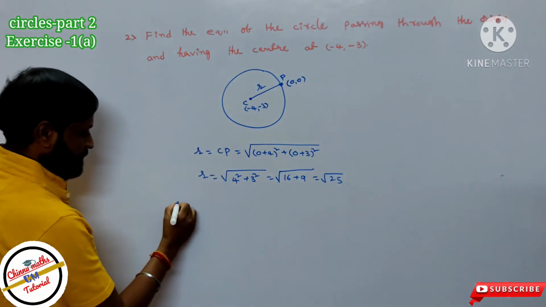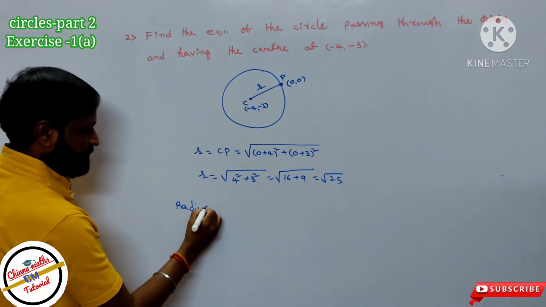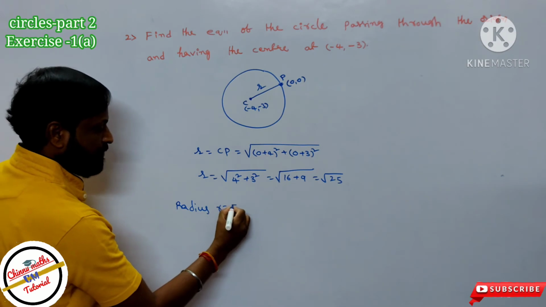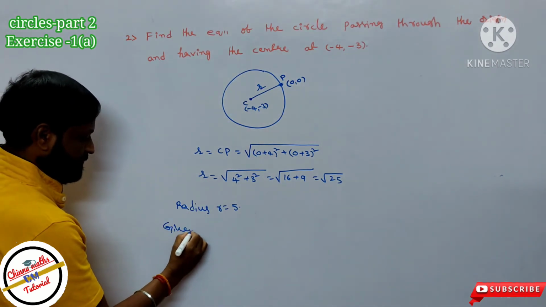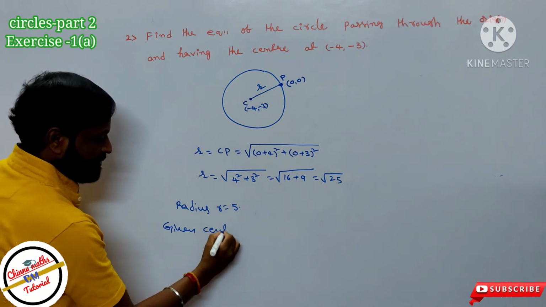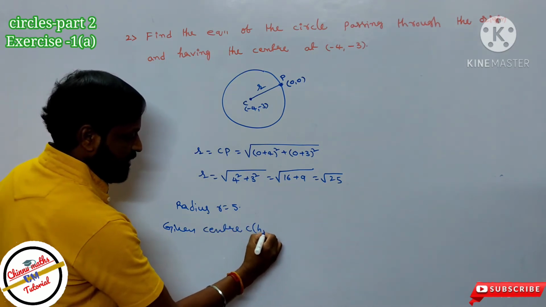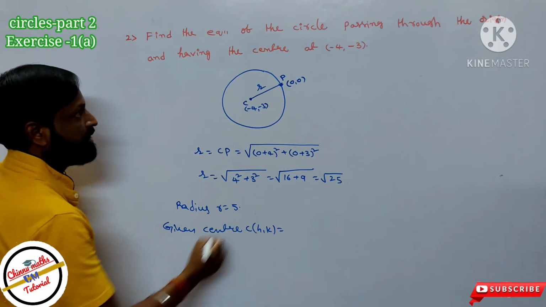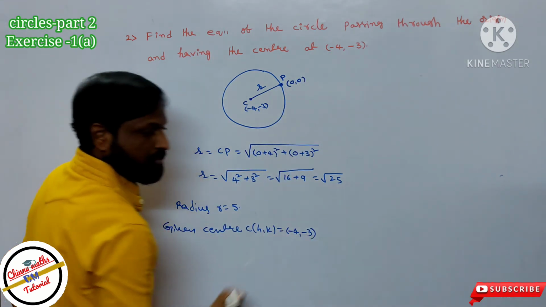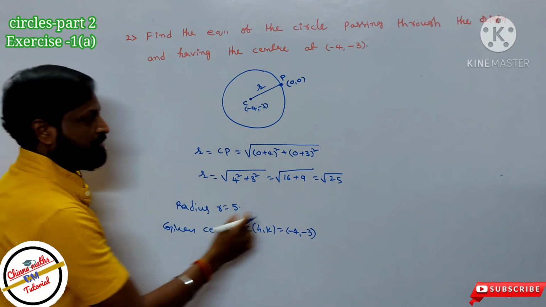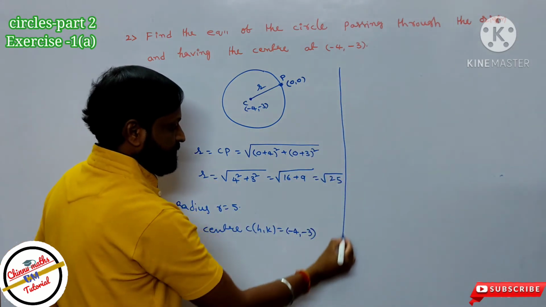So then radius r equals 5. Next, given center C denoted by (h, k) equal to (minus 4, minus 3). We know the center and radius. What is the equation of the circle?